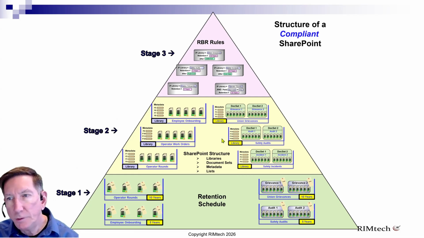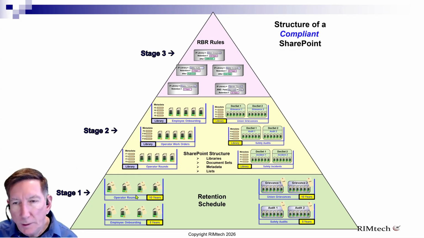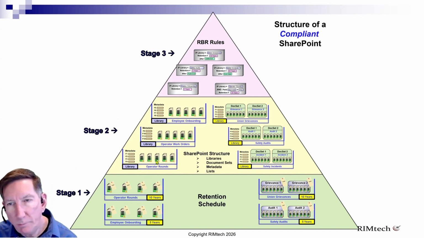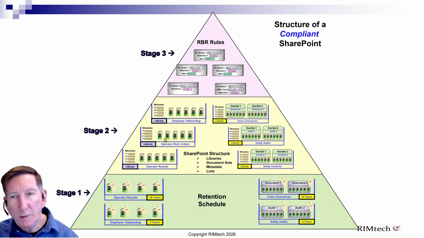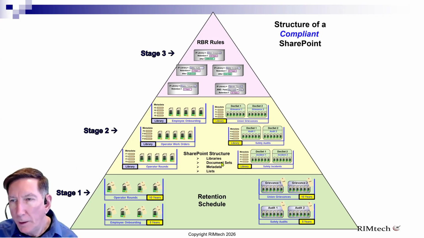Let's move up a level to SharePoint. Each one of these categories becomes a storage location known as a library in SharePoint. Not only that, but each library has a unique set of descriptive metadata unique to that activity. So we're going to have 800 libraries.